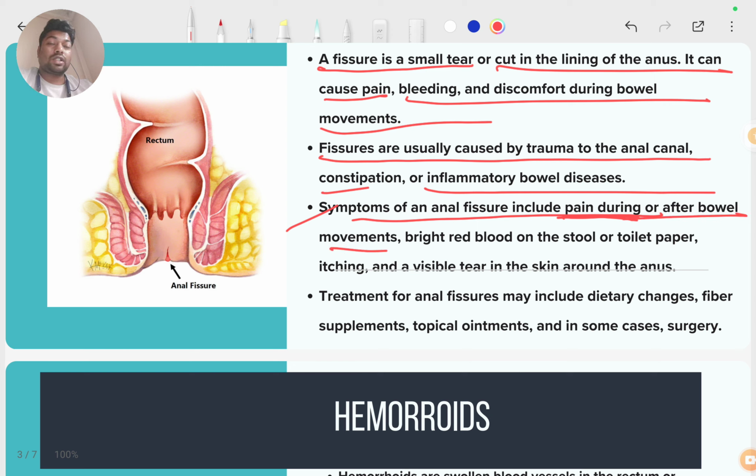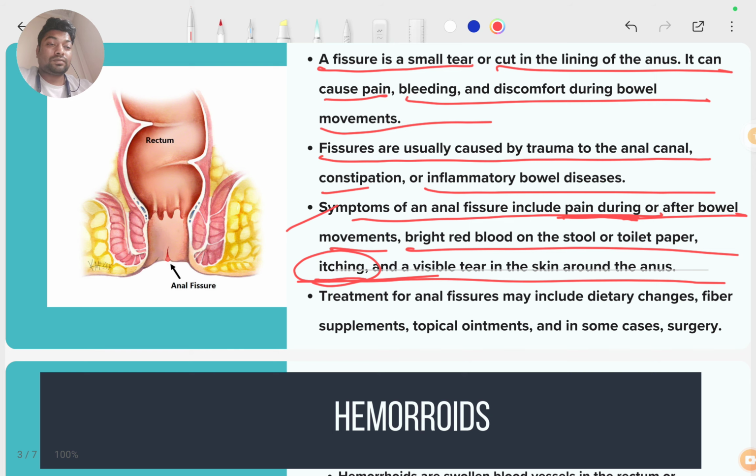The pain may be created before or after bowel movements. Then bright red blood on the stool or toilet paper, and itching and a visible tear in the skin around the anus. So the itching can also be caused in this area.